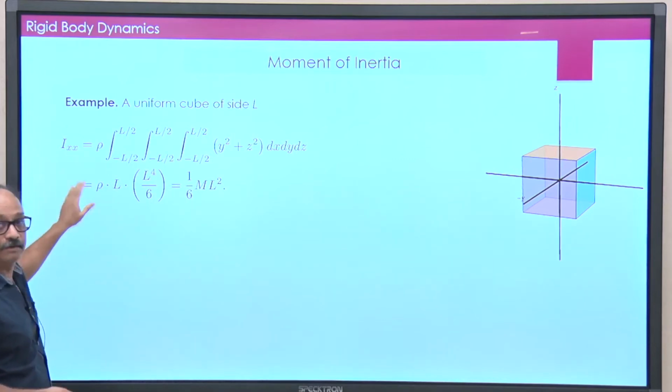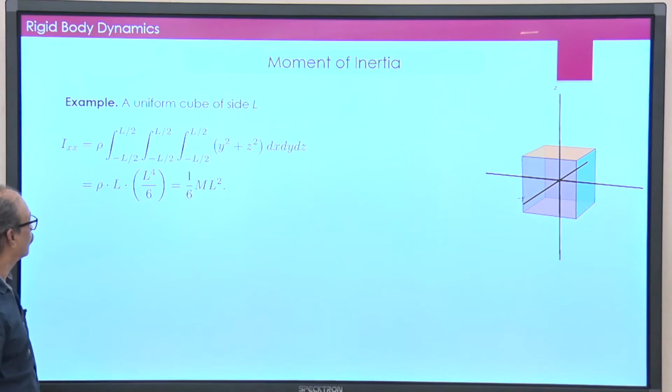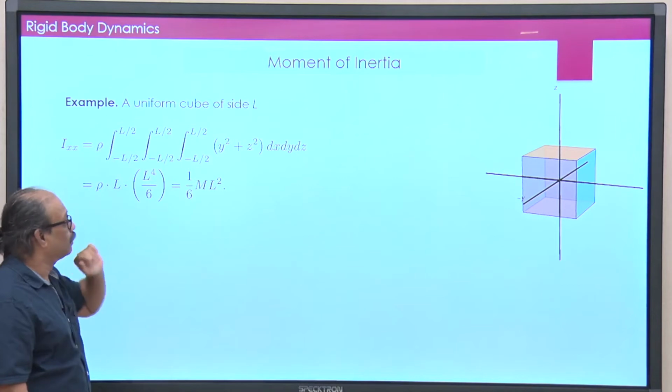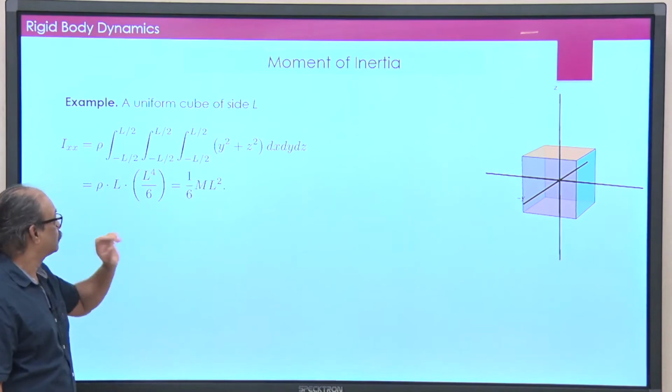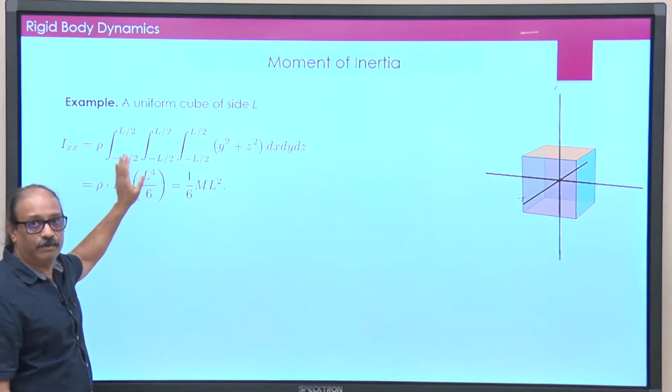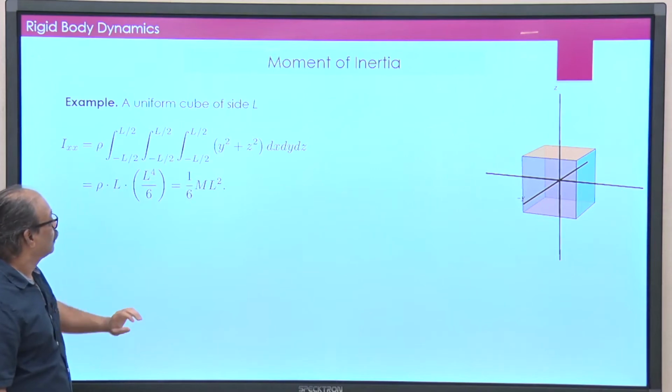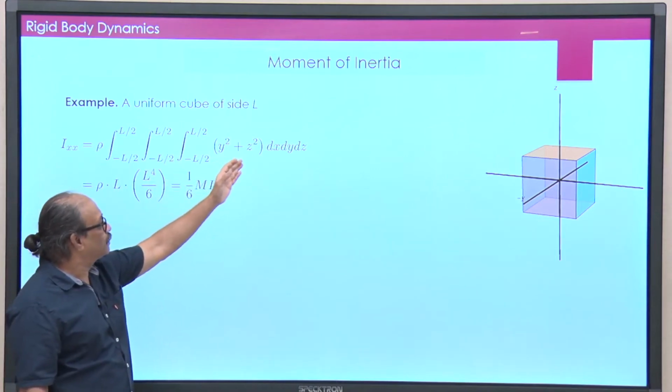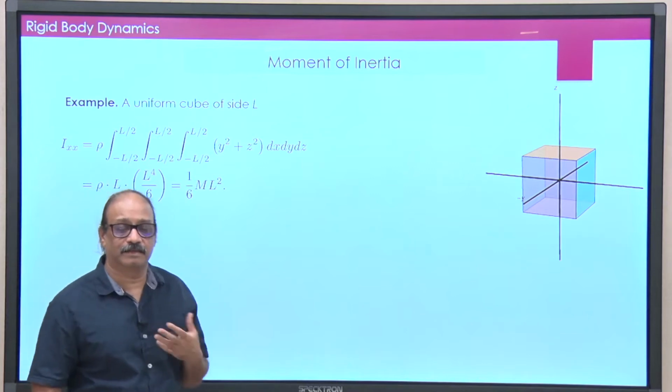So, I_xx, which is equivalent to I_11, would be density. We are talking about a uniform cube. So, rho is constant. Okay. So, if rho is constant, it will come out of the integration sign, and then there is an integral of y square plus z square. How did I get y square plus z square?